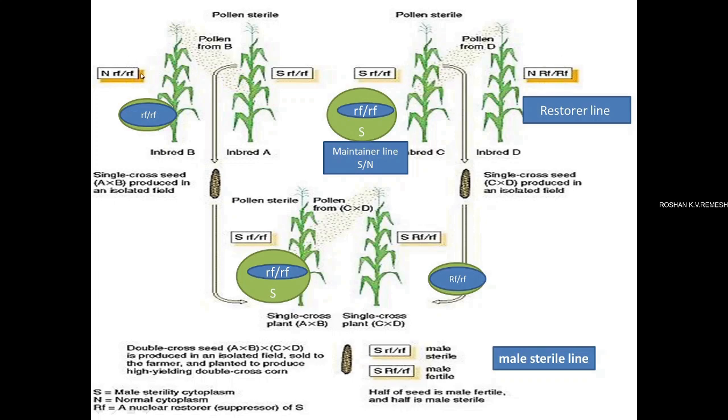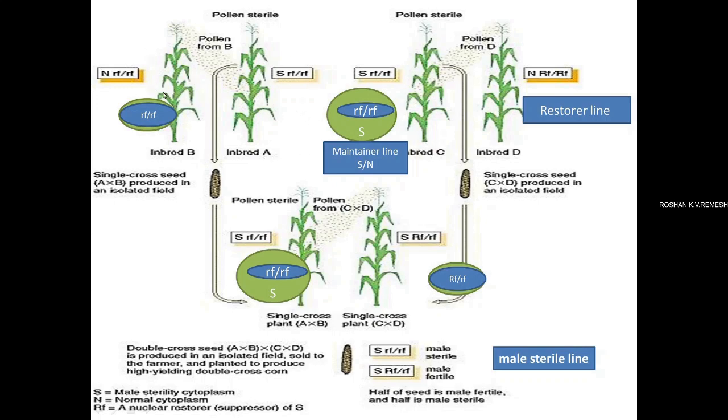And coming to the A line, it has a sterile cytoplasm, but the nuclear alleles, both of them, are recessive RF. So they have a sterile cytoplasm, and for the RF allele, it shows a homozygous recessive condition. And this is the case with both the A and the C lines.